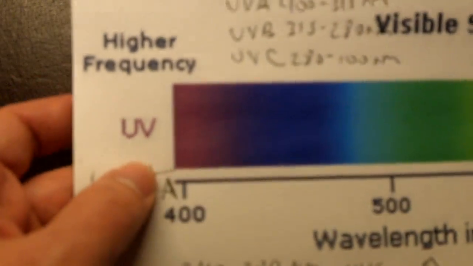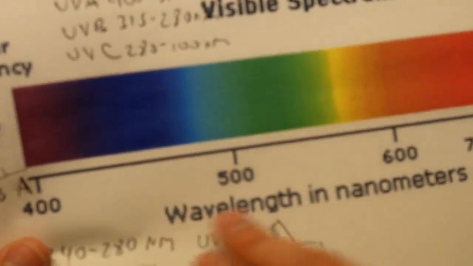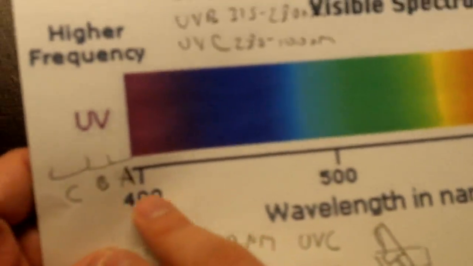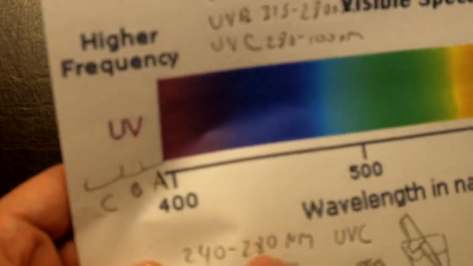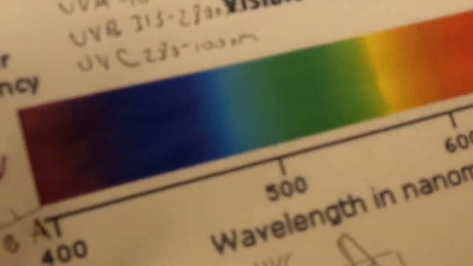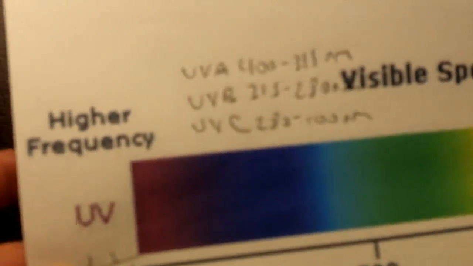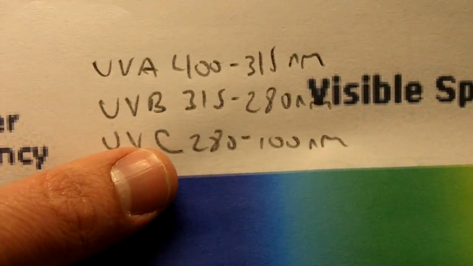Now, in terms of UV lights, this is basically the visible spectrum, all right? You have the different wavelengths. Below 400, it's ultraviolet, higher frequency. Under 400, it's considered to be UV light. Now, not all UV light is the same. You basically have three types of UV light: UVA, UVB, and UVC.